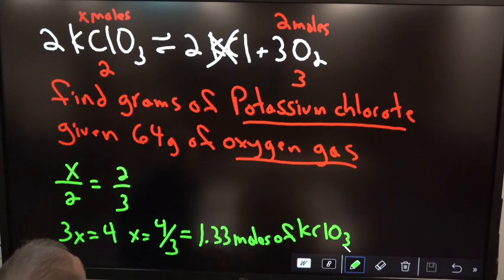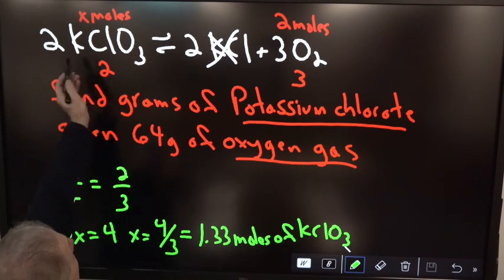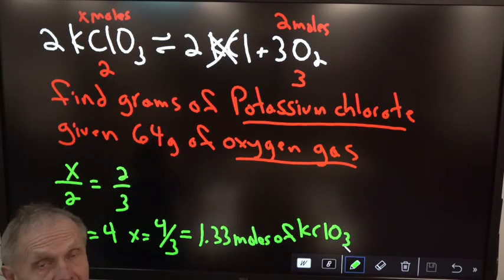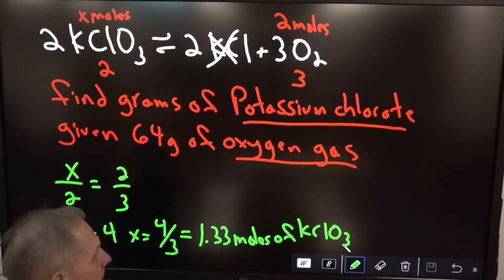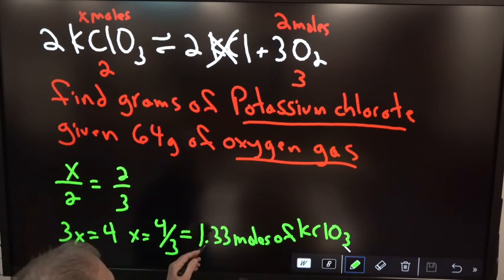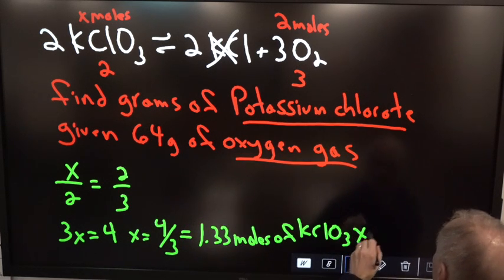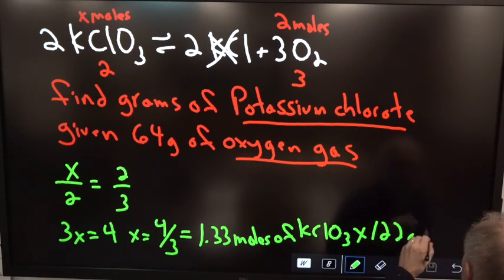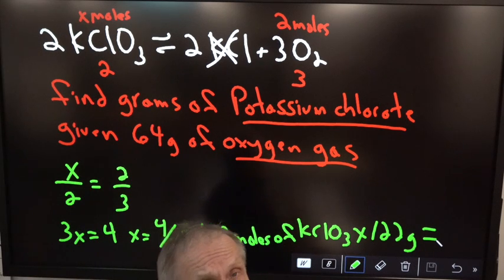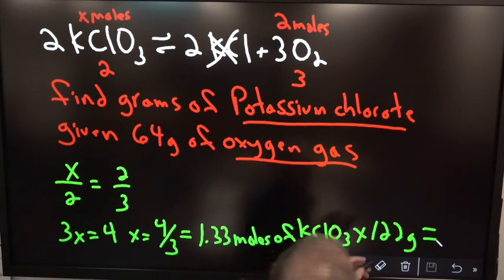So what I have to do is I have to find the molar mass of potassium chlorate, and that's 122 grams. So now I go 1.33 moles potassium chlorate times 122 grams. And that equals about 163 grams.